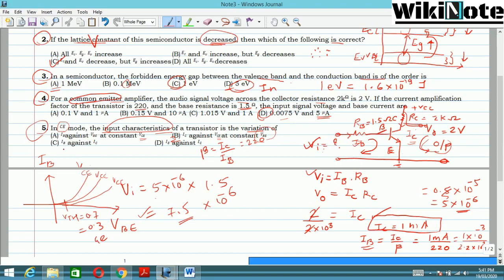And IE against IC, so current versus current, that is only current characteristics. Then IE against IC, that is also the current characteristics. Sorry guys, this is IB versus IC, and this is IE versus IC. So these are the current amplification factors, I would say. This is beta, the ratio of IC by IB, and this is alpha, IC upon IE.